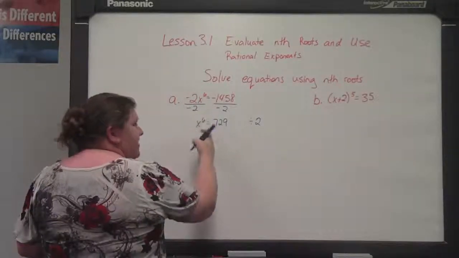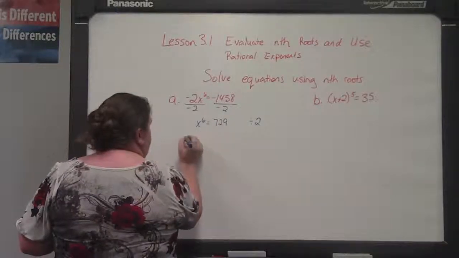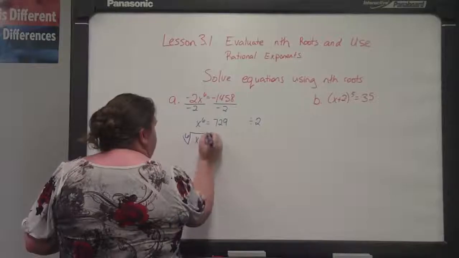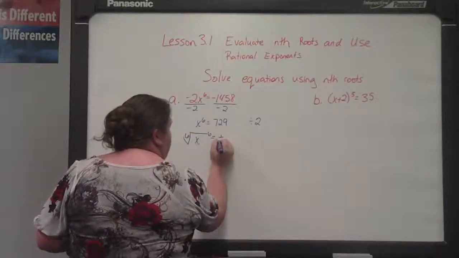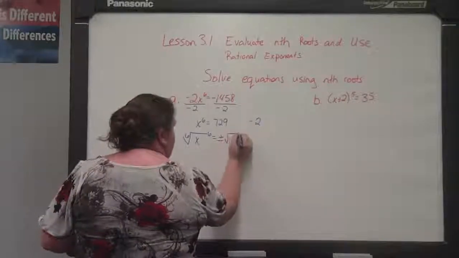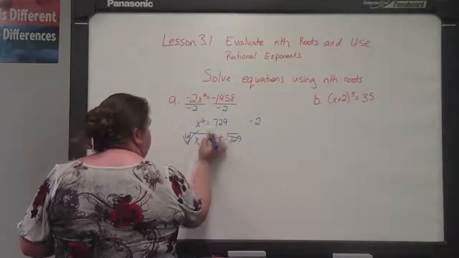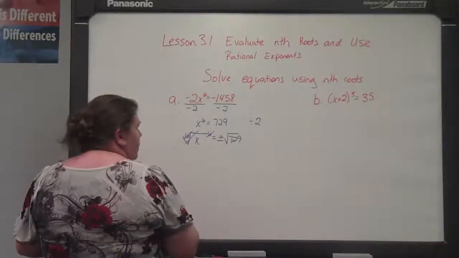Because 6 is an even exponent, when we do the root, the root cancels out the power. That means we're going to have a plus or minus 6th root of 729, because this 6th root cancels out the 6.